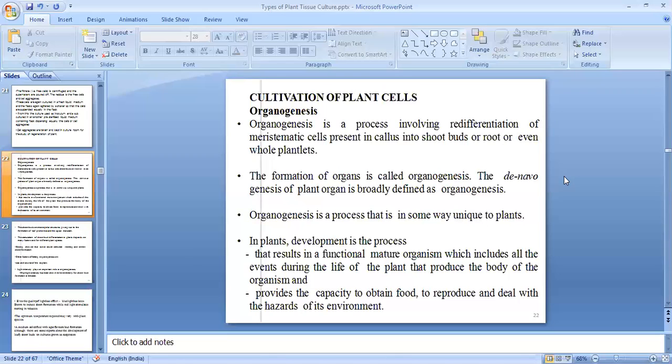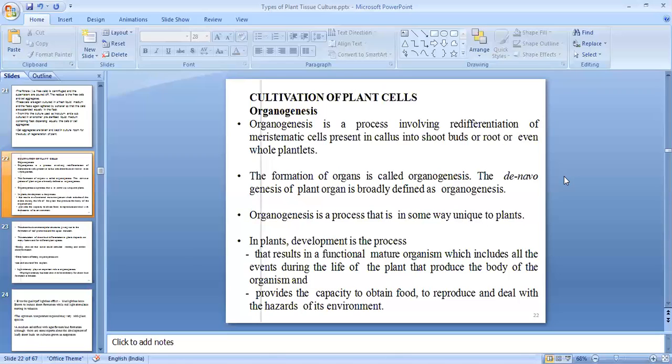That means the growing cells present in the callus are differentiated into different parts or organs of the plant like shoot, bud, root, or even a whole plant. That is the formation of each and every organ of a plant from the growing cells present in a callus. Understood? That is called organogenesis.